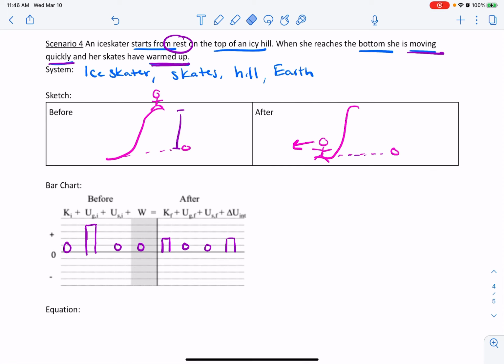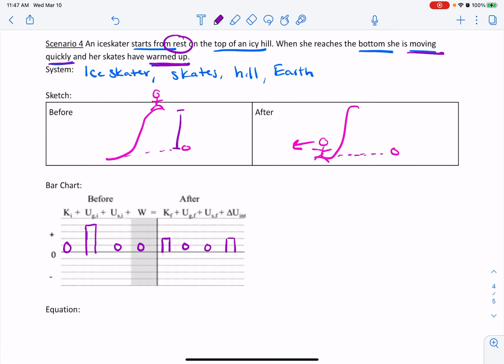Now, if you did not include the hill, okay, if instead you said there's no hill, then you wouldn't have internal energy, but you'd have work. So then the hill would be the thing that made it warm up, so you would have negative work. But in this case, we're gonna include our surface and then have internal energy.